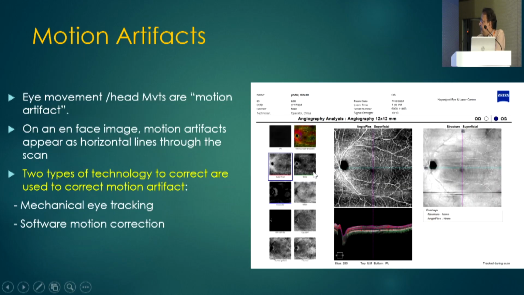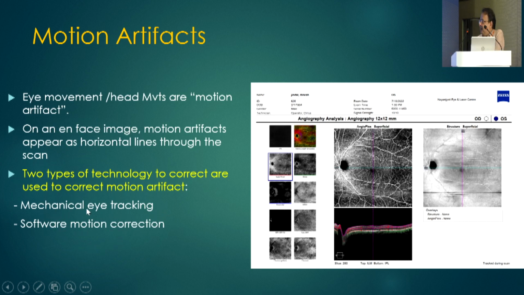Motion artifact: if you see these lines here on the structural images, this tells us that the patient fixation was not good when the image acquisition was taking place. And motion artifacts are taken care of by two things: one is an eye tracking device, and the other is software motion correction.